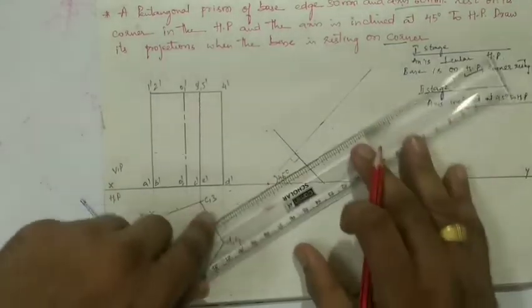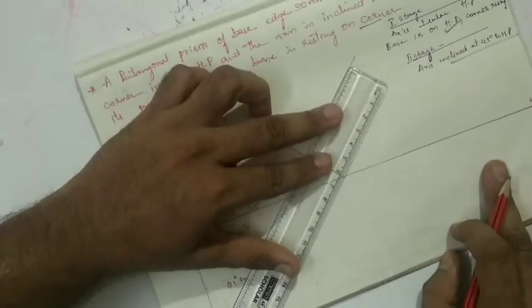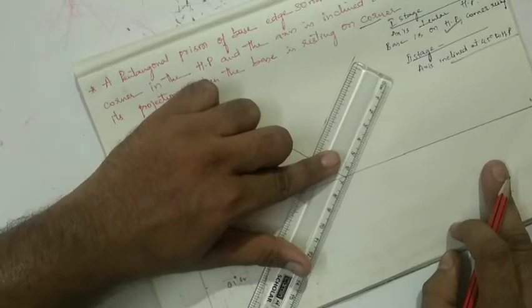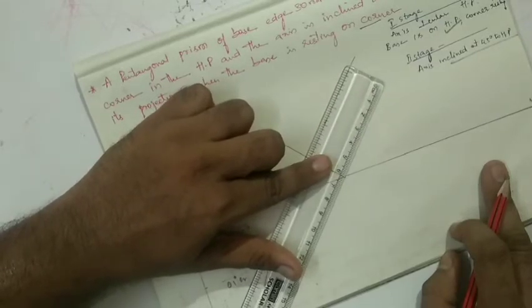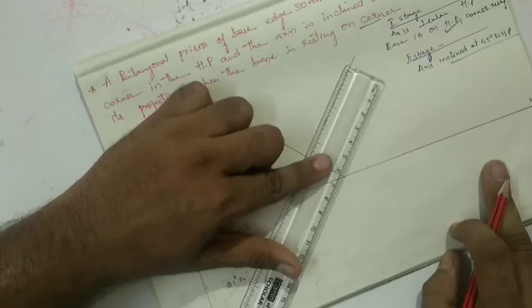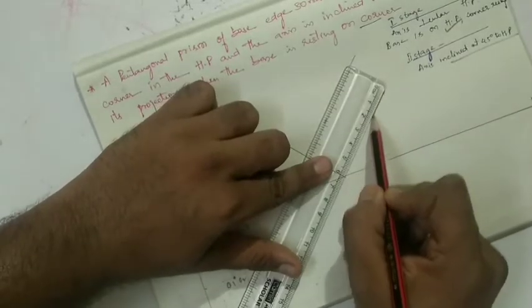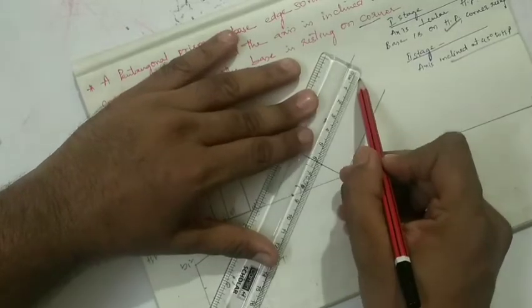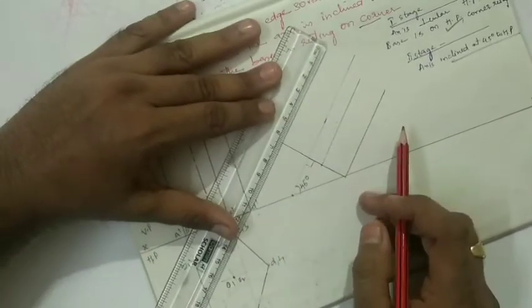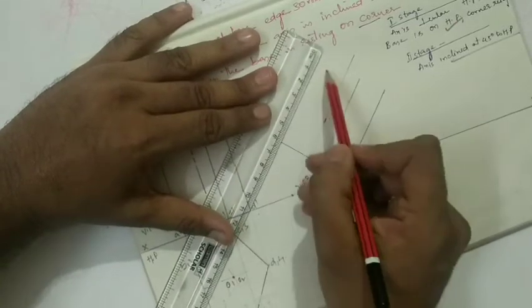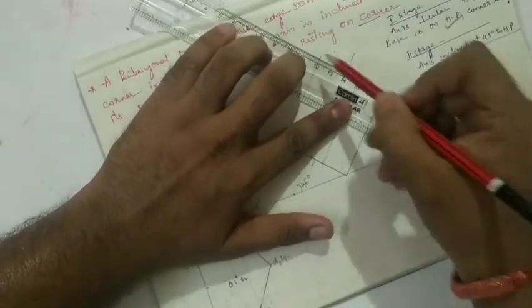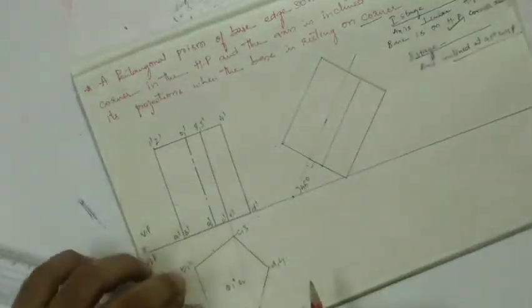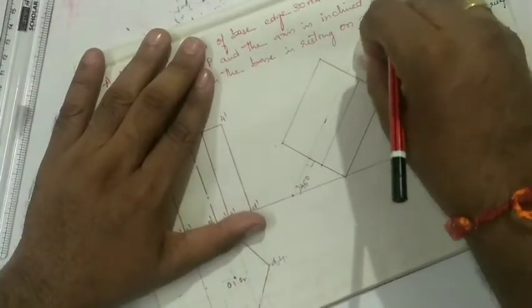Similarly, draw the line inclined, parallel to the axis. Close this edge and draw this edge line. These are the lines you cut.